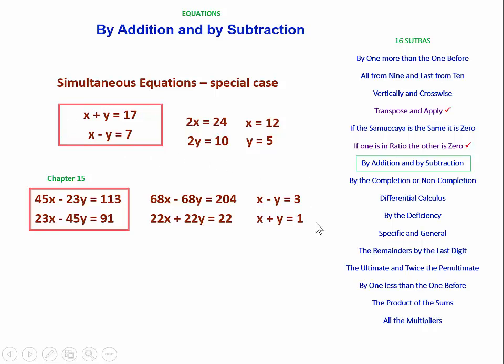If we add, we get 2x is 4, so x is 2, and then y is minus 1. So that's saving a huge amount of work, because if you imagine solving these by the usual method, it would be a lot of tedious work. But that particular pattern, the special case, means we can apply the sutra and get the answer very easily.